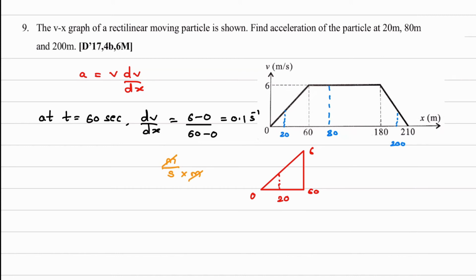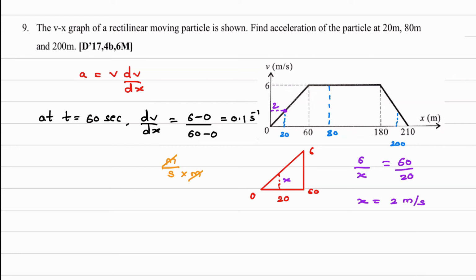So by similar triangle, we can calculate, height is 6 upon, suppose this is x, upon x is equal to base is 60 and this distance is 20. So from here we can calculate x is equal to 2 meter per second. So we have calculated velocity at this point, which is 2 meter per second.